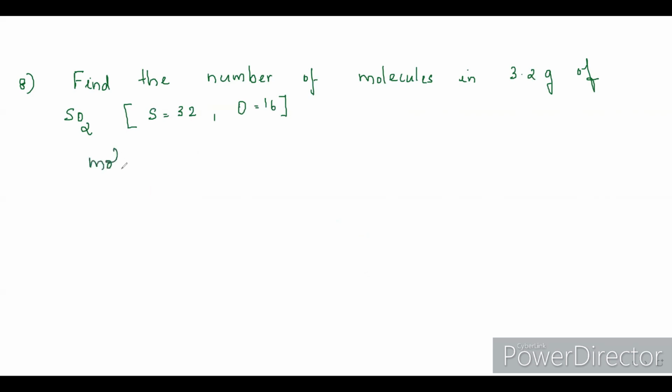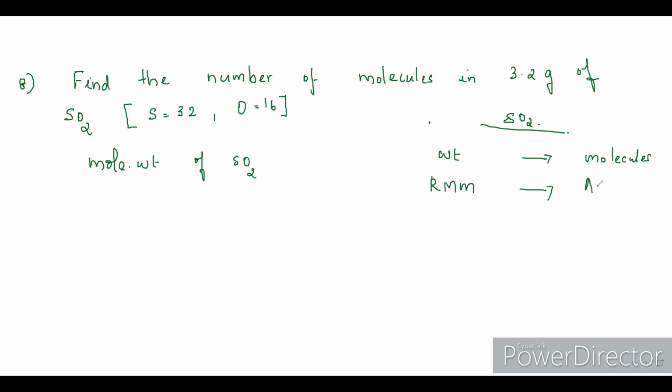So first of all, I need the molecular weight of sulfur dioxide. If we follow our approach here, the compound is sulfur dioxide. The relation is between its mass and molecules. Okay, so RMM is to be connected with Avogadro's number.